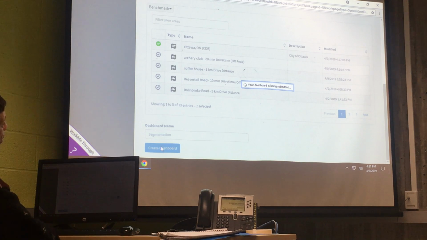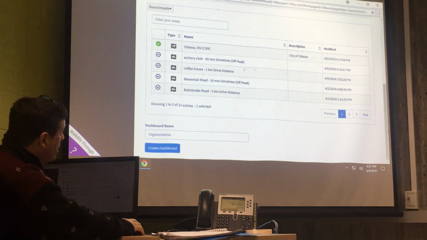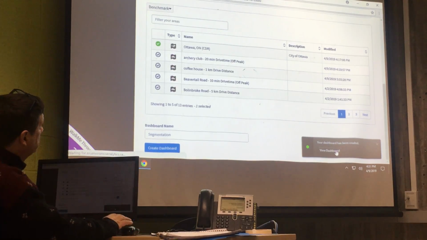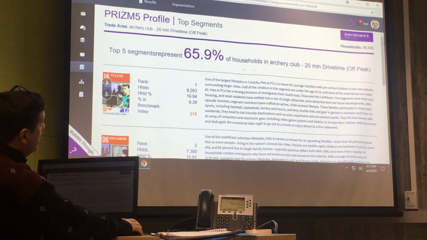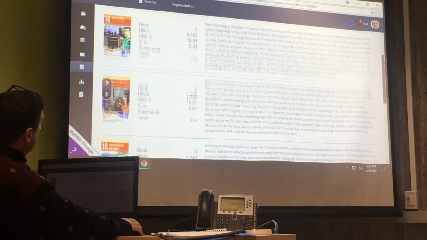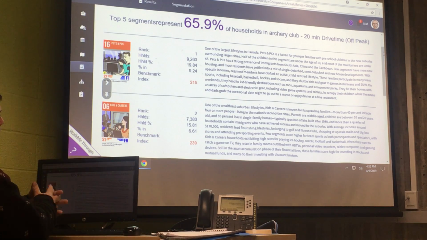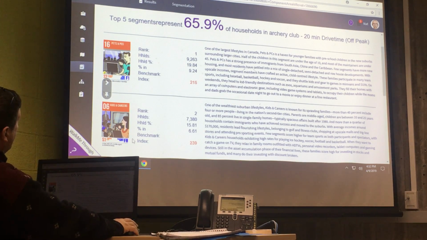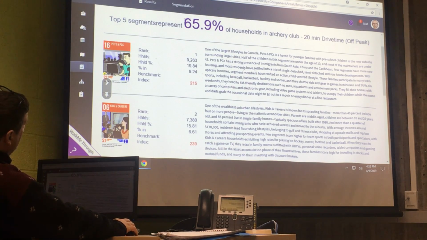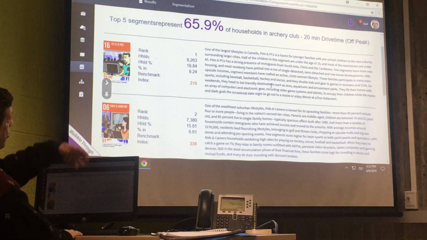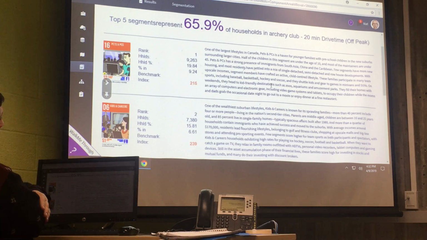So they're going to identify the top segments in our area of selection. So what this tells you, these are the top 5 segments in the population of this area, and it tells you the top 5 segments that are the largest proportion of the households in that area. And so you have here one of the largest lifestyles in Canada.